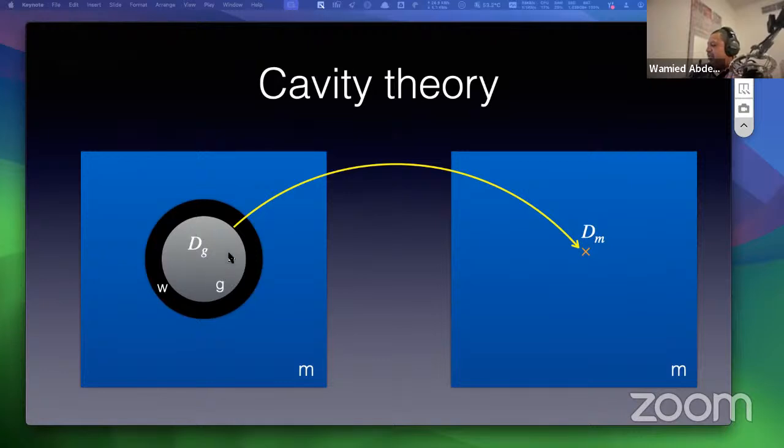The chamber is surrounded by a medium M, let's say water. We are interested to know the dose in the phantom when this chamber and wall is not present.